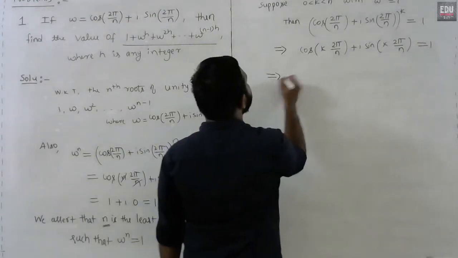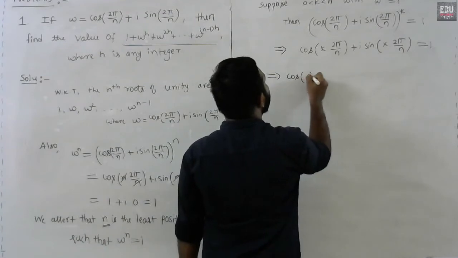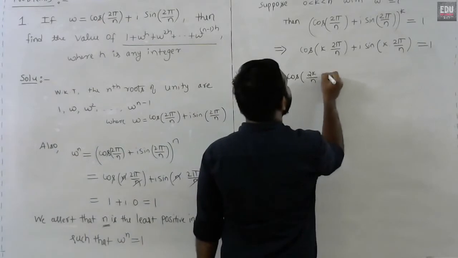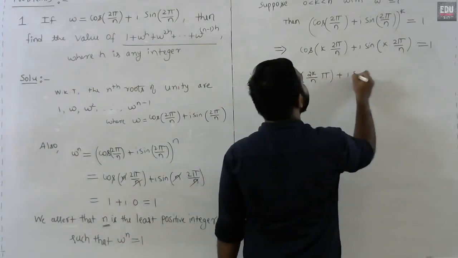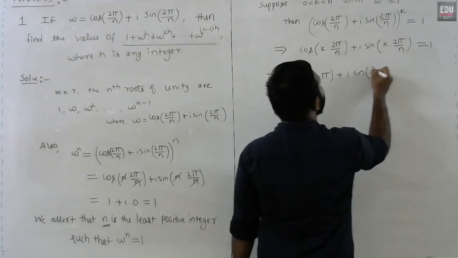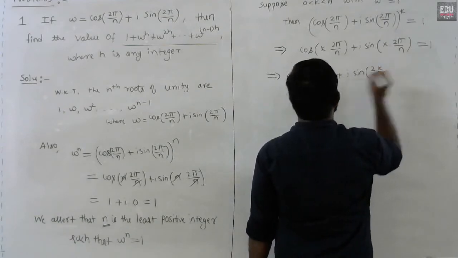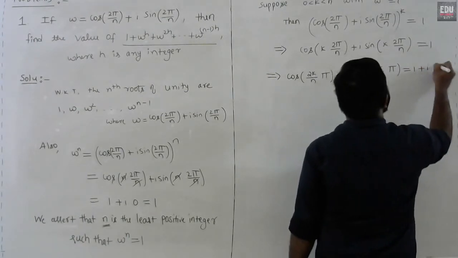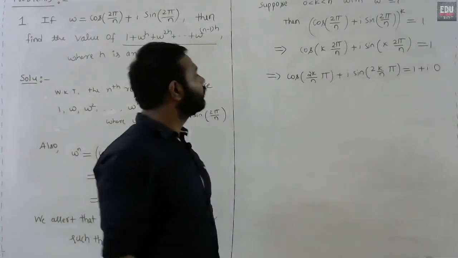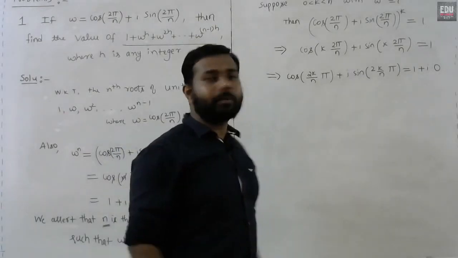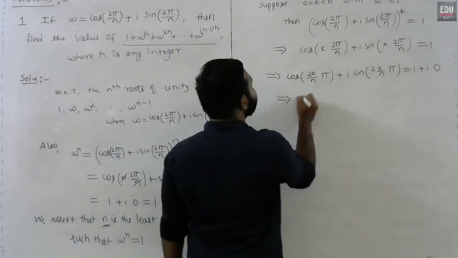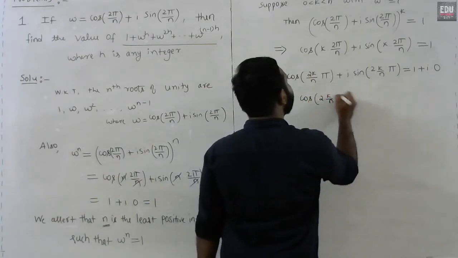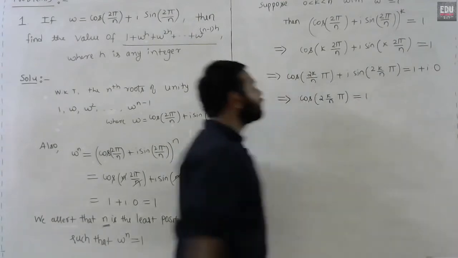Or if I rewrite this as cos 2k by n into pi plus i sin 2k by n into pi equals 1. So 1 can be written as 1 plus i into 0. Now if I compare the real and imaginary parts, what does it show? cos 2 into k by n into pi has to be equal to 1.